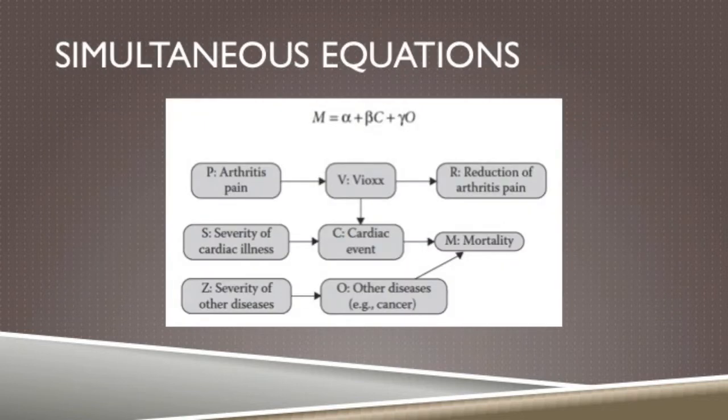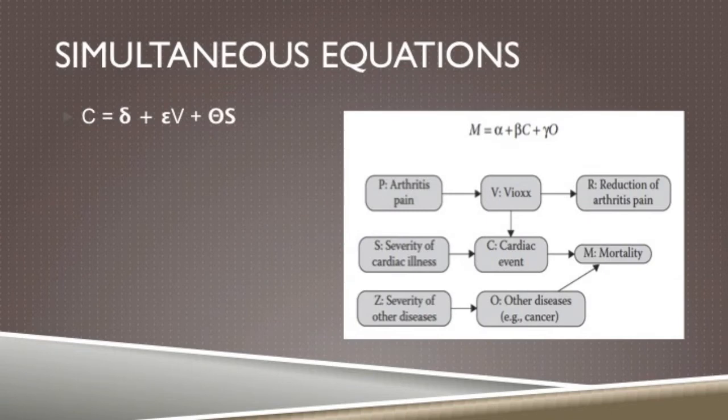The discussion on simultaneous equations will be based on this diagram that depicts how Vioxx leads to excess cardiac events. The equation shown here says that mortality is a function of patients with cardiac and other diseases. This next equation shows that cardiac events are a function of the patient's severity of cardiac illness and the use of Vioxx.